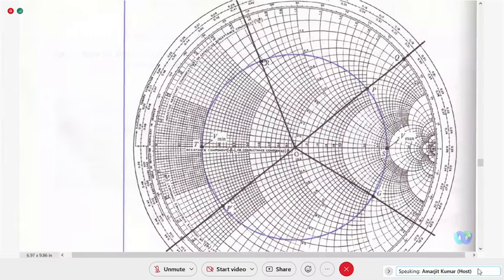What is the value of R and X for this point? R will be basically 0.3, and it is 0.28, which can be checked.